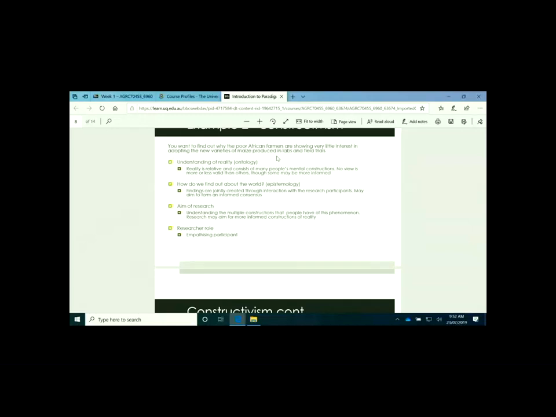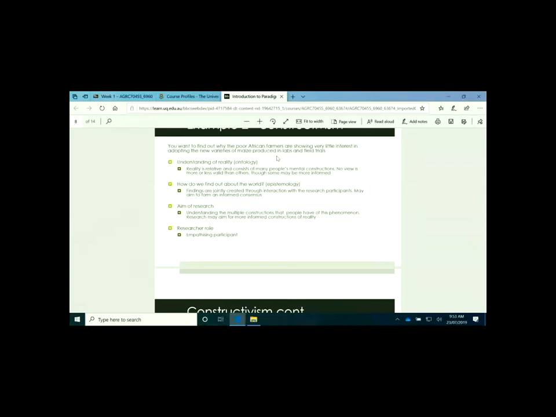Here we're thinking about systems where the researcher is interacting with the research participants. And the aim of research is to find an informed consensus of views, to understand each other better, understand what's going on in that situation, understand people's constructions of reality, understand why they think the world works that way. All right?